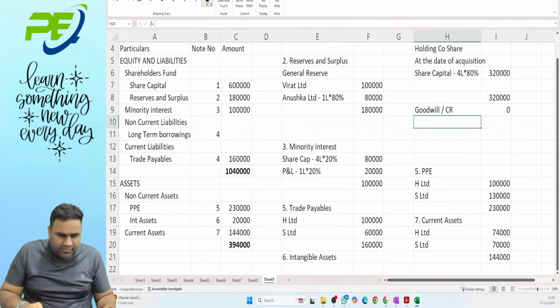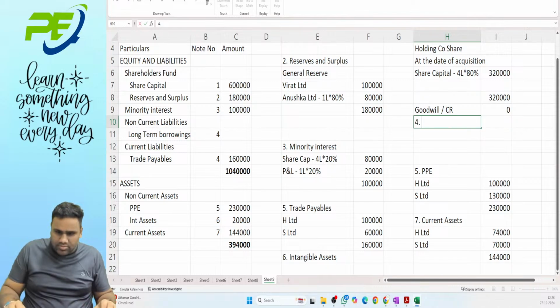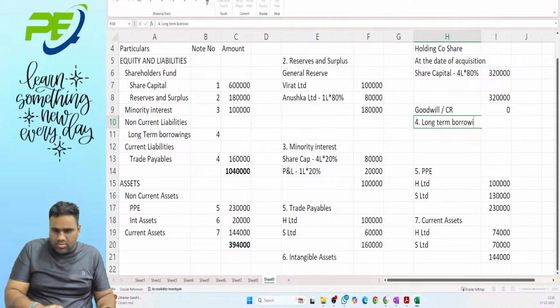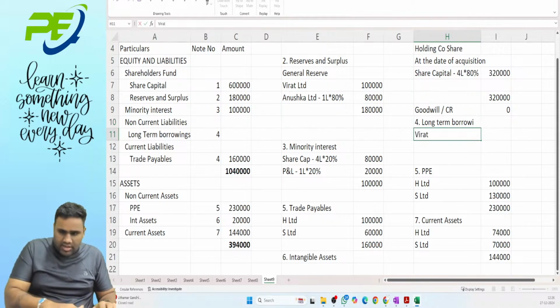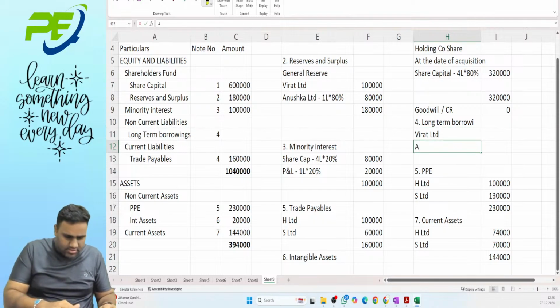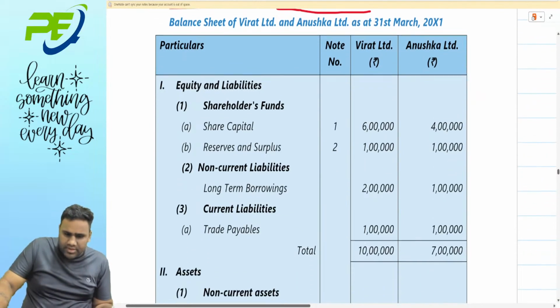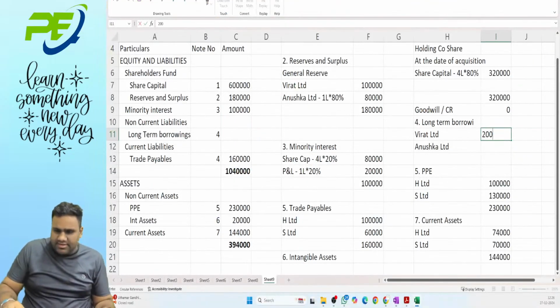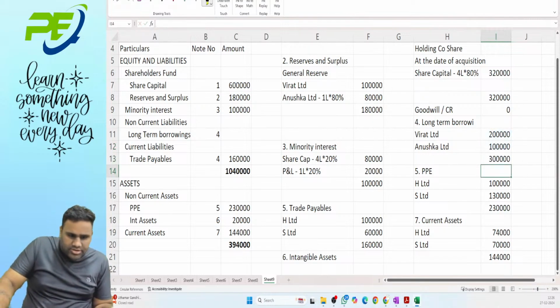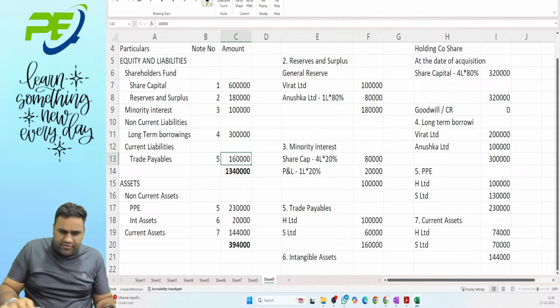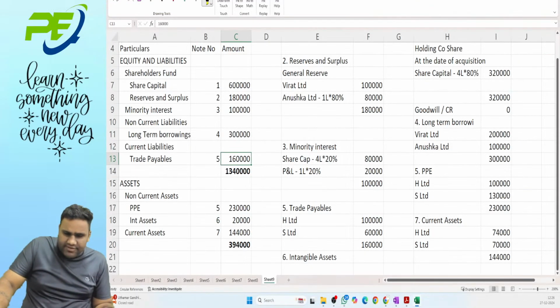And then note number 4, Virat Limited and Anushka Limited, so 2 lakh and 1 lakh. So 3 lakh is long-term borrowings. Note number 5, trade payables 1 lakh and 1 lakh.